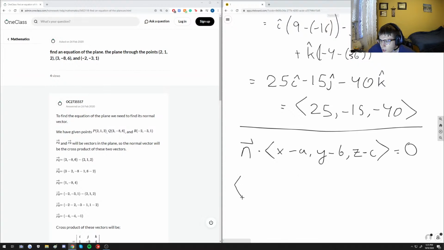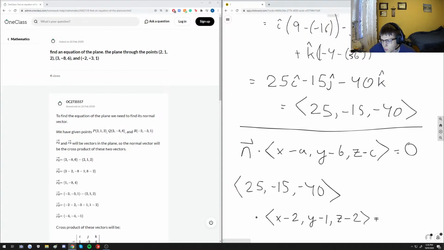So writing out n bar, the vector n as 25, minus 15, minus 40, we have to dot this with one of the points, and I'm going to choose the point 2, 1, 2. So I'm going to do x minus 2, y minus 1, and z minus 2.